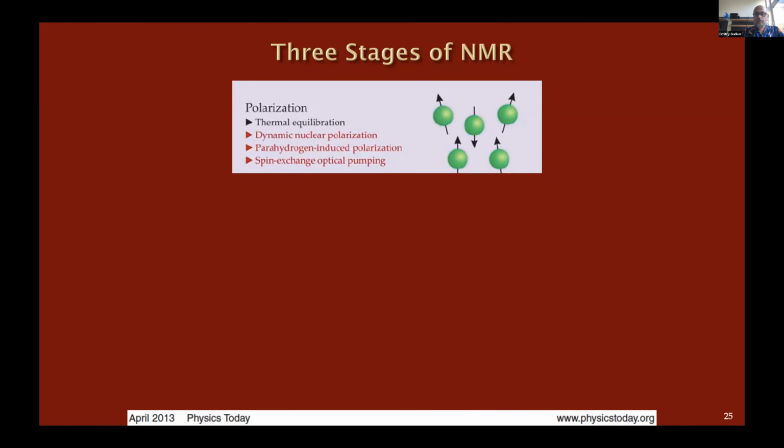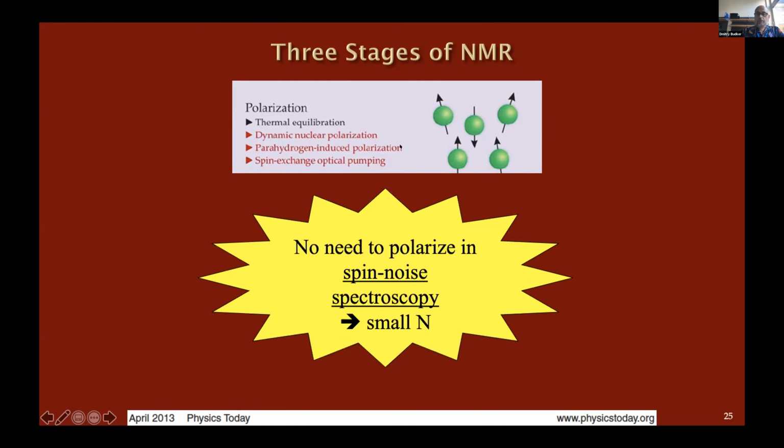So how do we get rid of magnetic fields? For instance, to polarize the nuclei, we rely on things like dynamic nuclear polarization, laser optical pumping, or this beautiful technique called parahydrogen-induced polarization. But my favorite method is what I call the do nothing method.